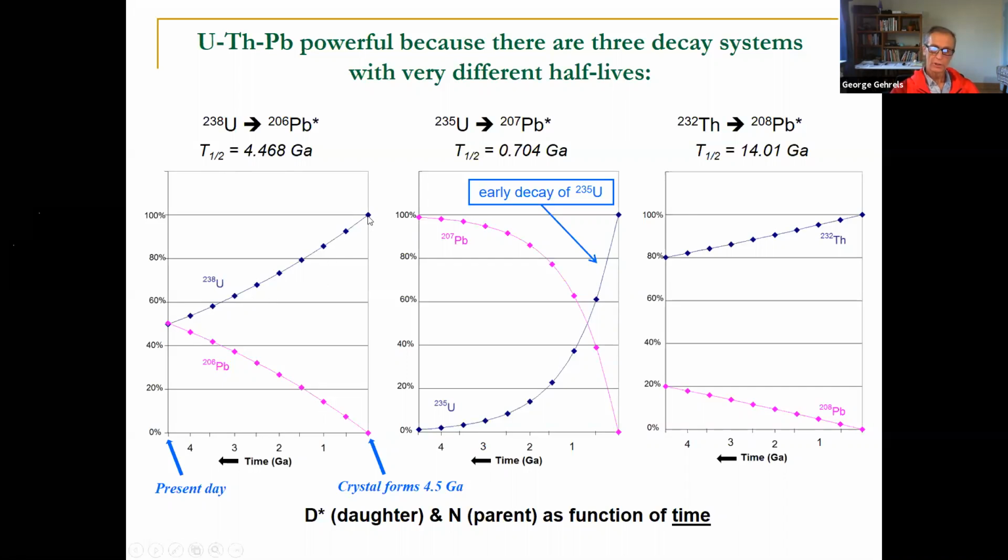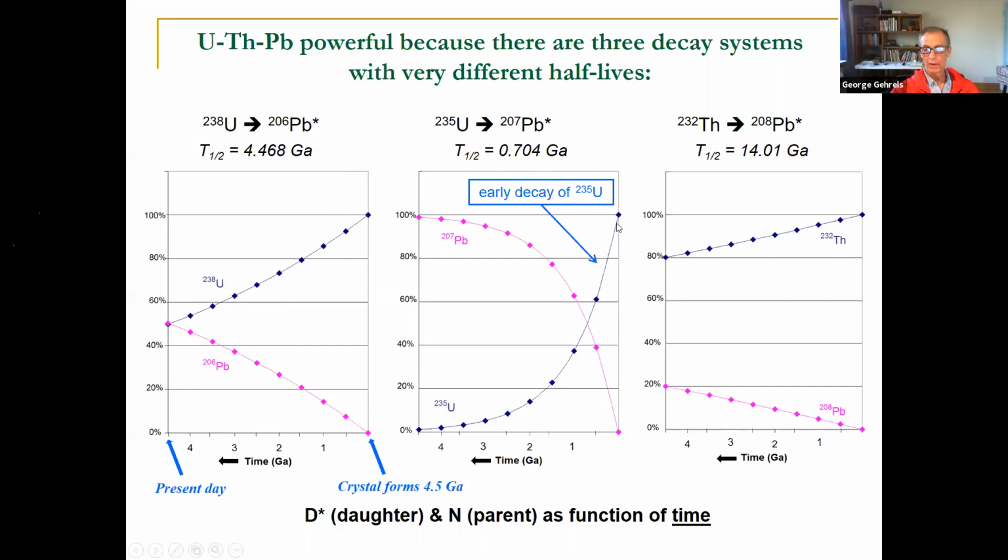But the rate of change here, it's exponential, but we're only one half-life out. So it almost looks kind of linear, and that's going to be important as we move into the application of this system. So here's the important thing, is that 235 to 207 is very different. It starts off with a very short half-life here. It starts off again, of course, with all 235 and no 207.